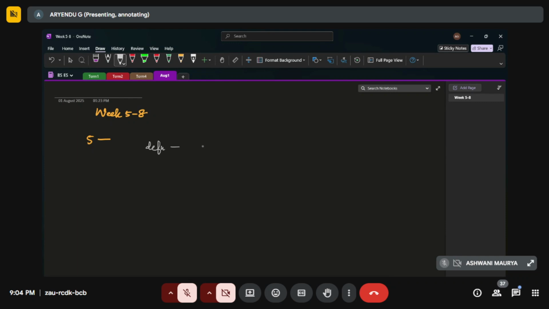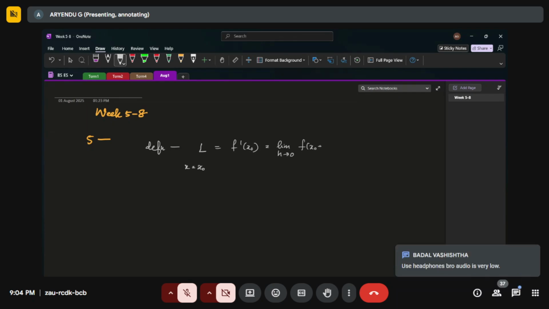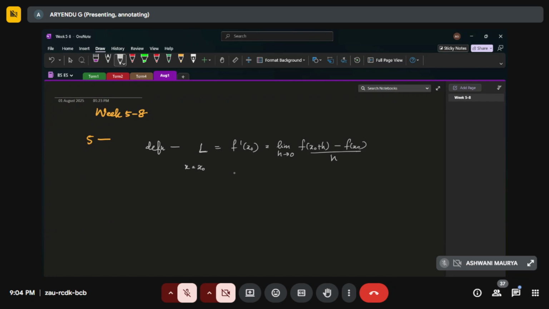A function is said to have a derivative equal to L at a point x equal to x naught if L is equal to f dash of x naught, which is the limit as h tends to 0 of f of x naught plus h minus f of x naught by h. So this is the value of L. And if f dash of x naught exists at a particular point, we can say that the function is differentiable at x naught.